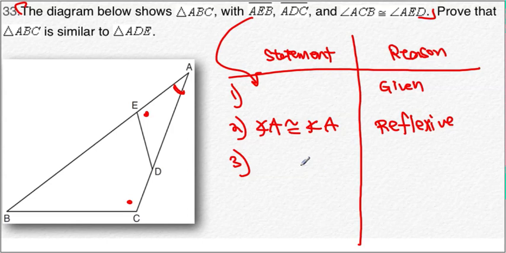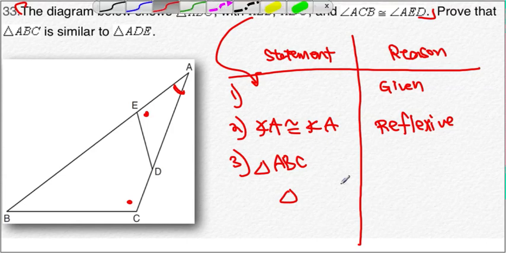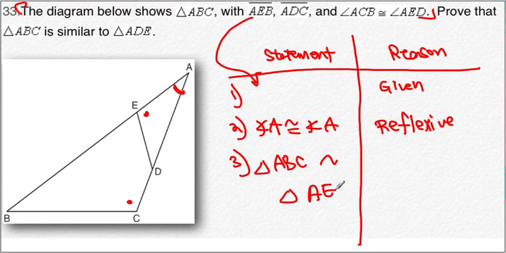Now, triangle ABC is congruent to triangle, or rather, instead of congruent, we are looking at similar, triangle ADE by AA. So that's about it. That's all we have to do.